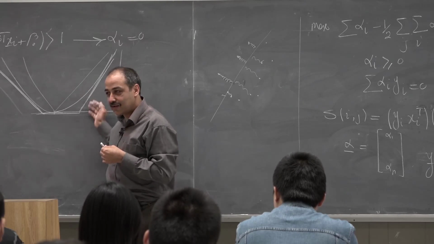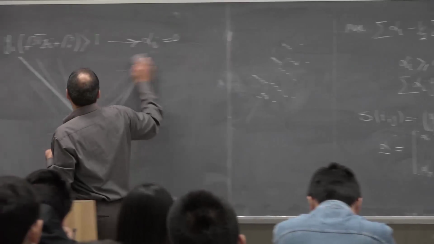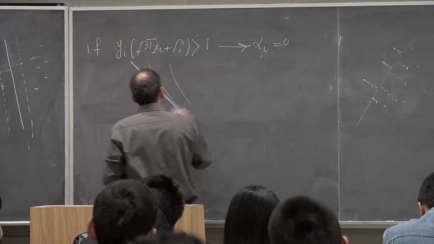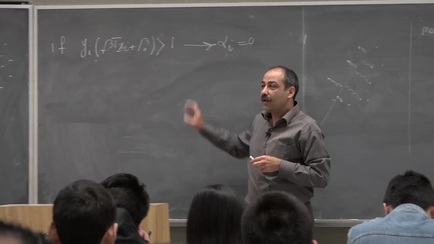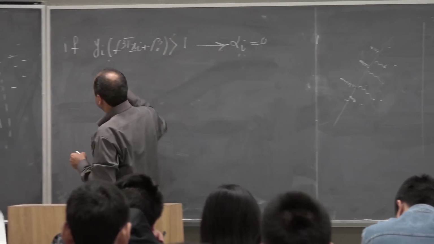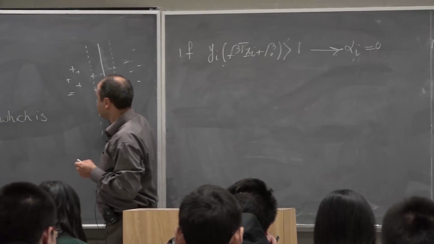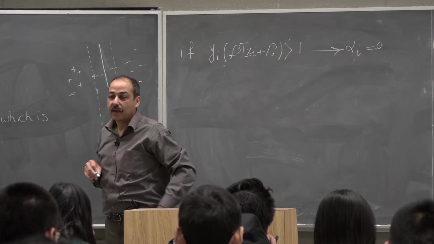If you tolerate small mistakes, it is going to be more robust. Okay, you're going to see this objective function more clearly when we do the case that's not linearly separable.